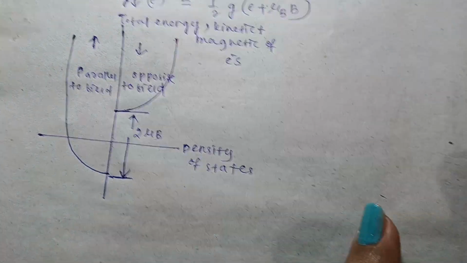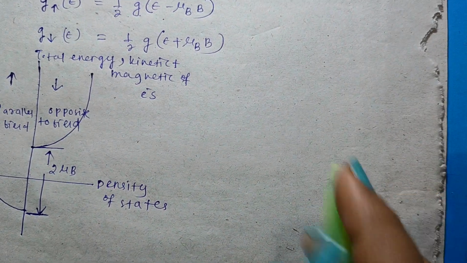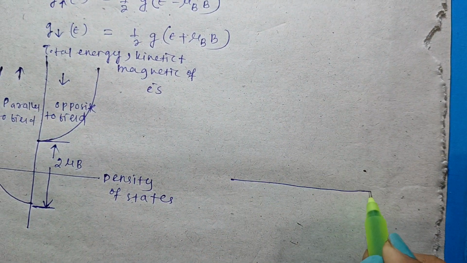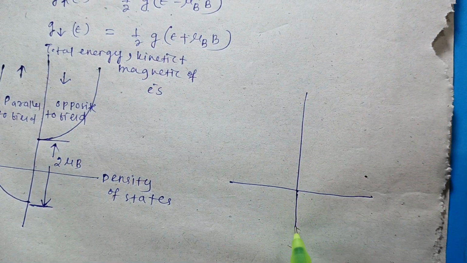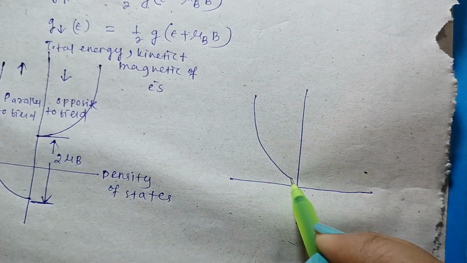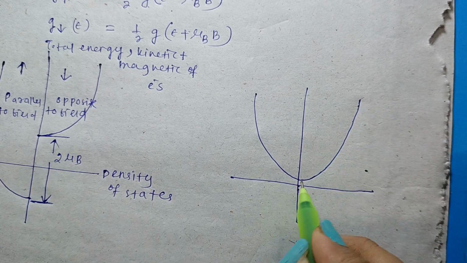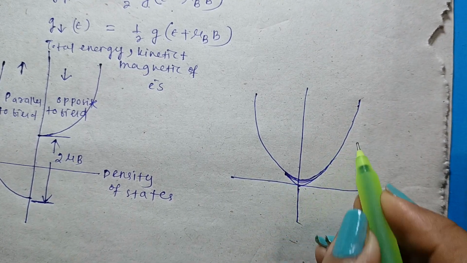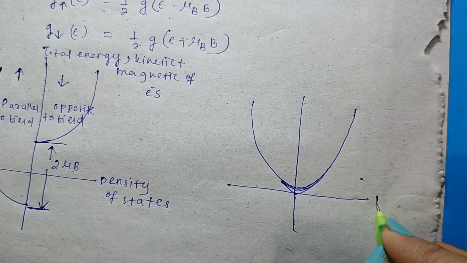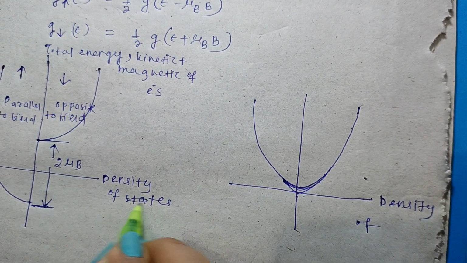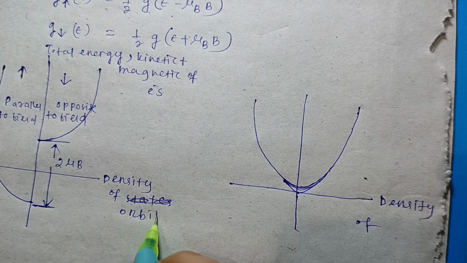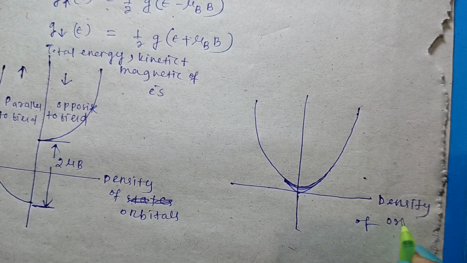And here is another diagram. You can also write this as density of orbitals.